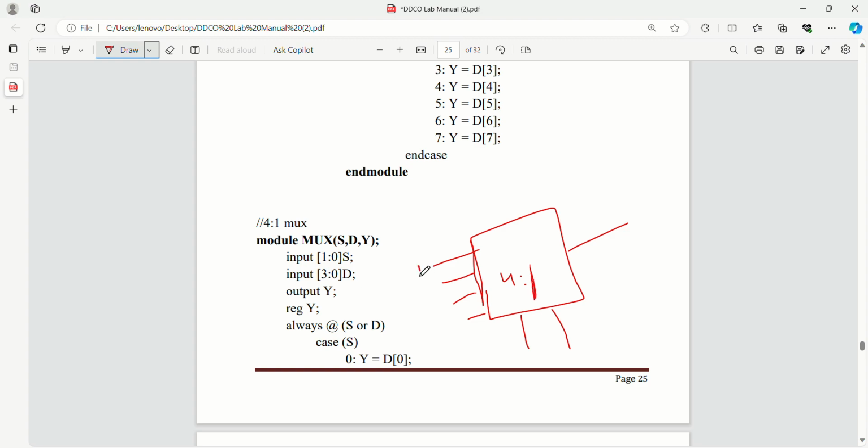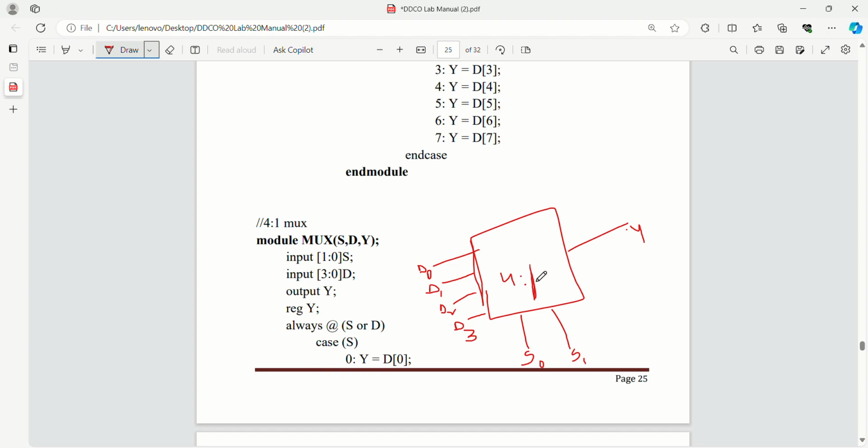Here D0, D1, D2, D3. Output Y. Select lines are S0, S1. This is the block diagram of 4 to 1.